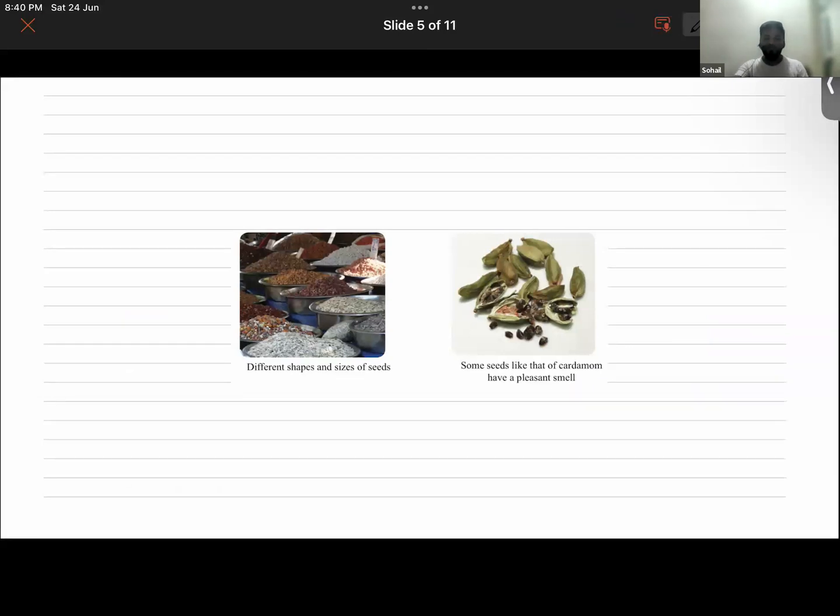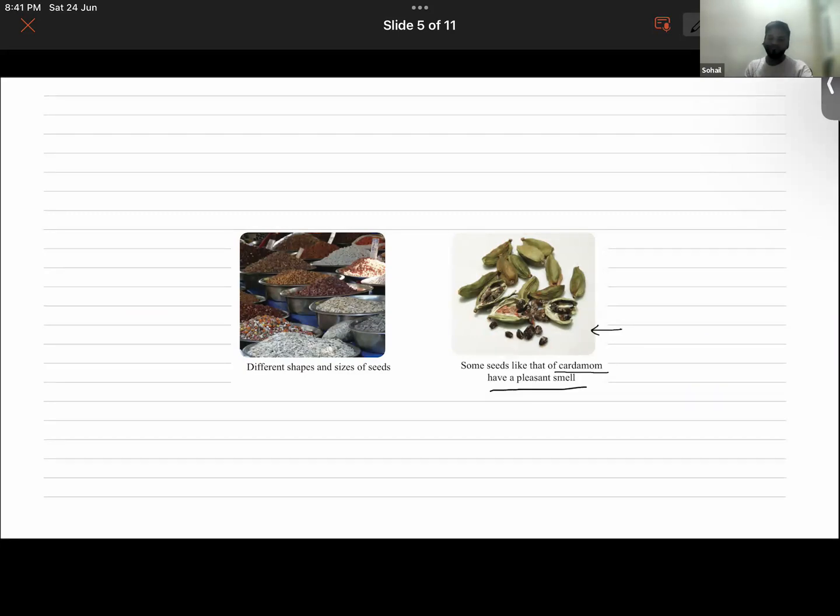And they come in different shapes and sizes. For example, you have rice, wheat, gram, maize, peas. These are all different types of seeds. See the second figure here. There are some seeds like cardamom, which have a very pleasant smell.